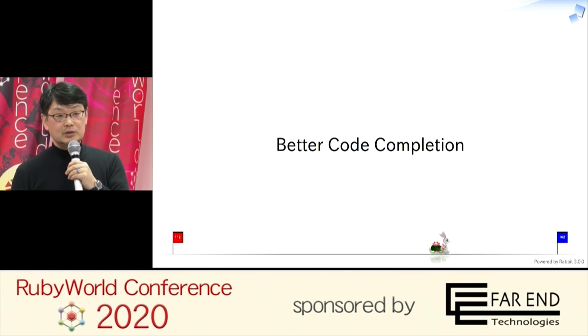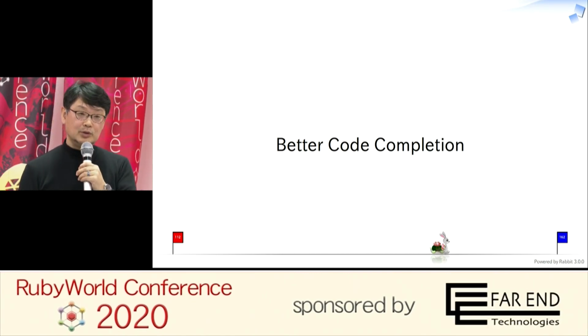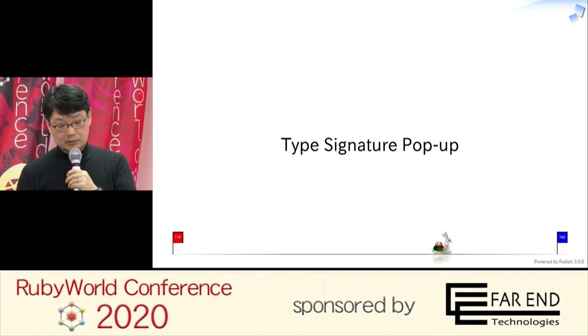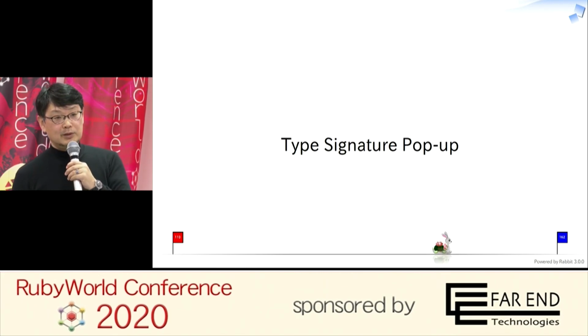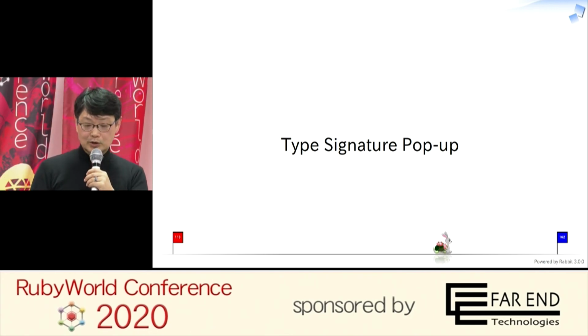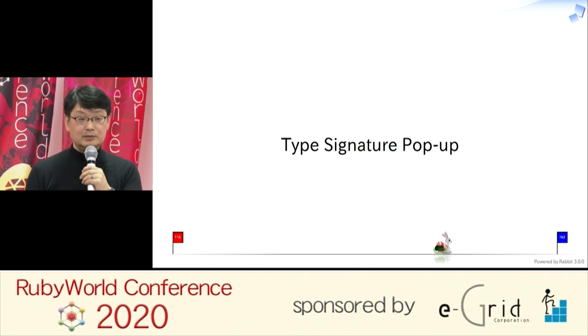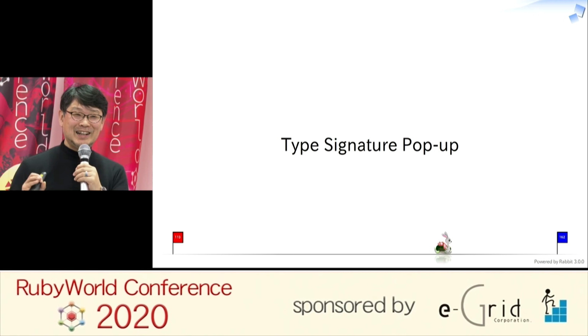The IDE completes the code, and there is better code completion because the IDE can tell the programmer what to add. If there is a type signature, whether there is an error in the typing, a type signature pop-up is incorporated in the function. So this is a kind of interactive system.